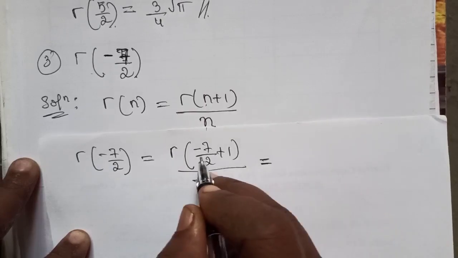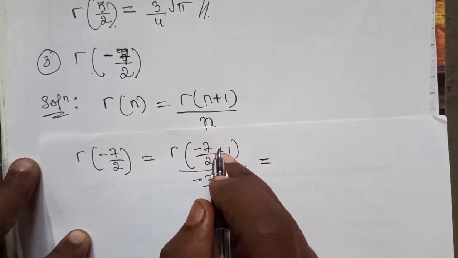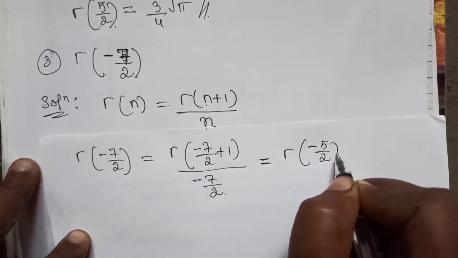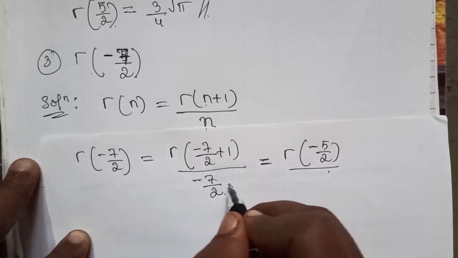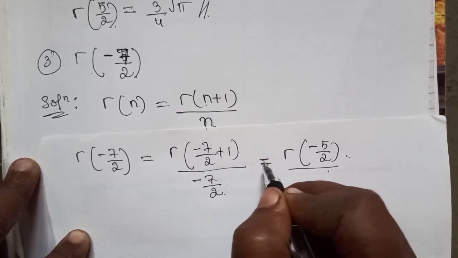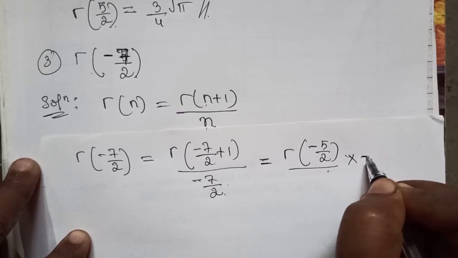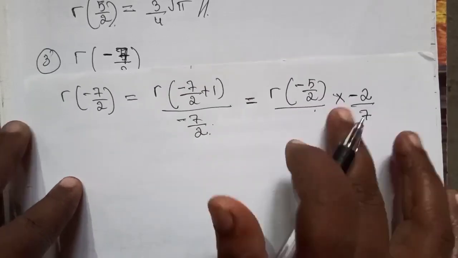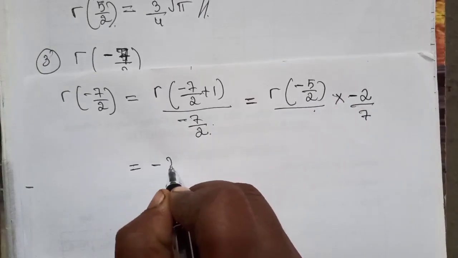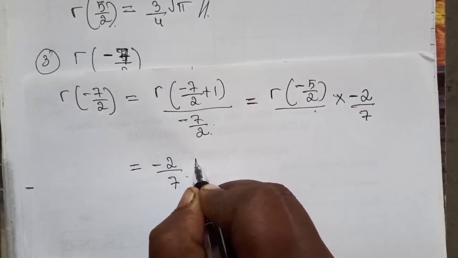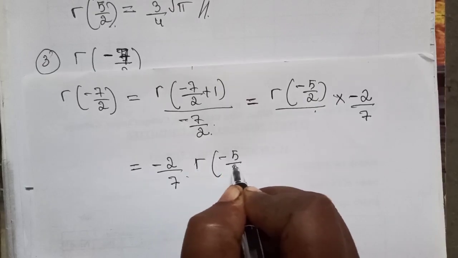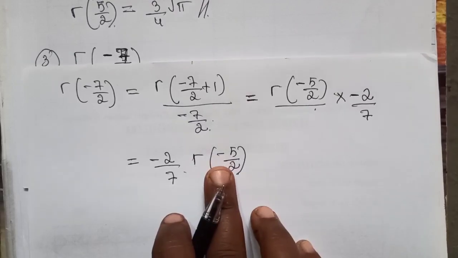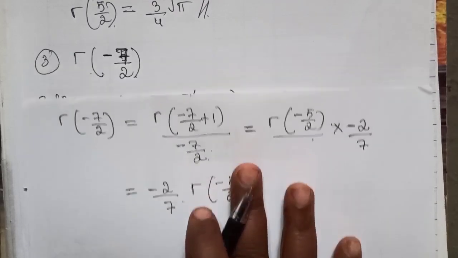Minus 7 by 2 plus 1 gives gamma of minus 5 by 2, divided by minus 7 by 2, which can be written as minus 2 by 7 into gamma of minus 5 by 2. Again we evaluate this negative fraction using the same formula.